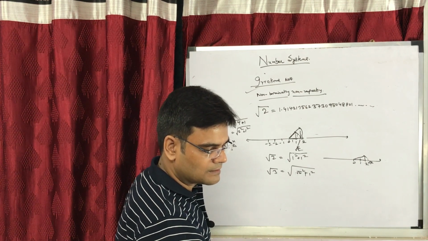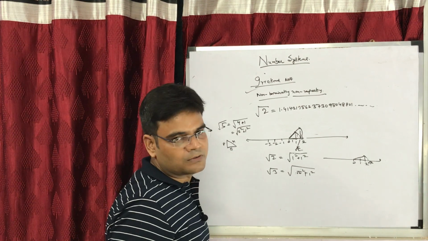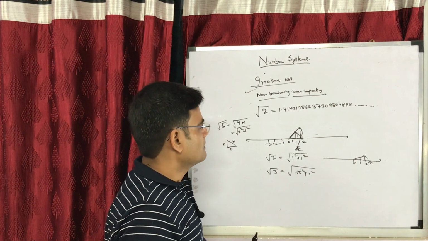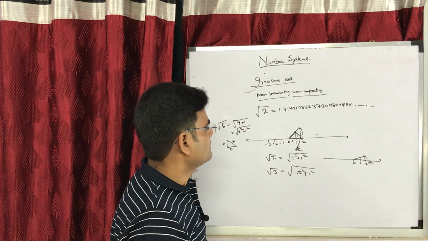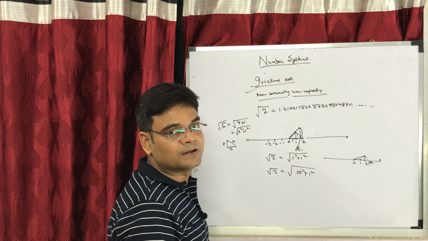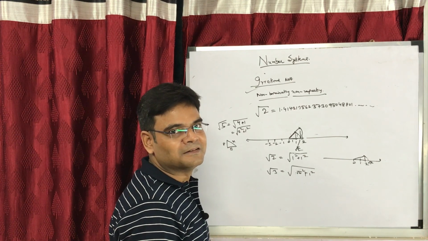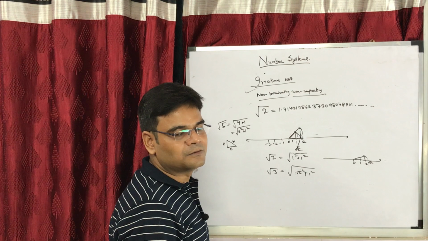Now let me see if I can cover anything. So this is all about irrational numbers. Now in class 10 you will find that there are some numbers which we make use of, which do not even exist on the number line. They are imaginary numbers, they don't exist.